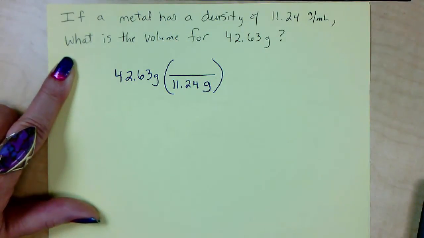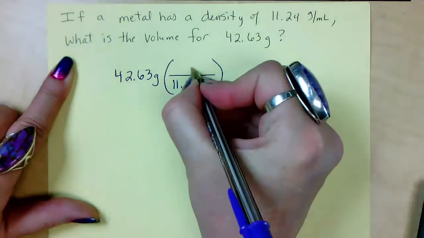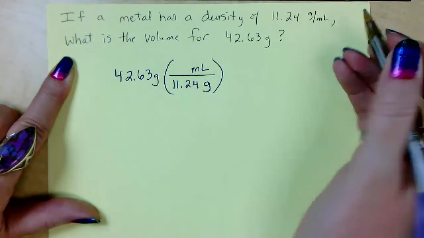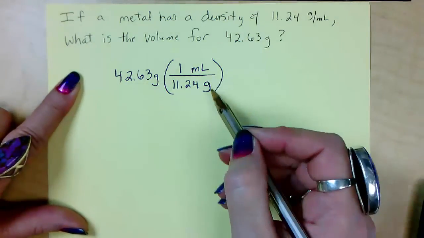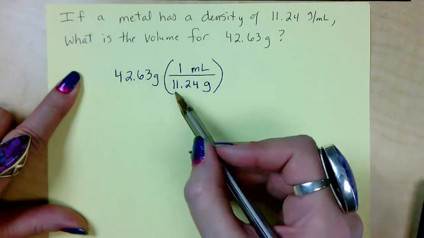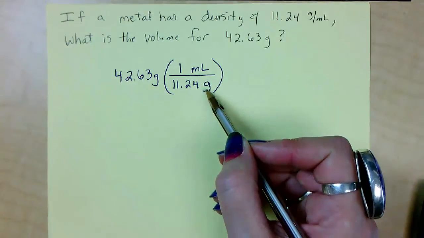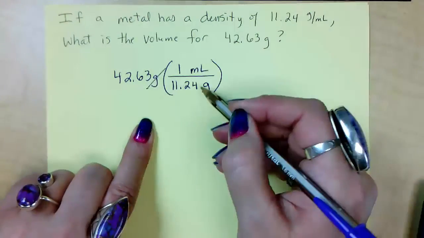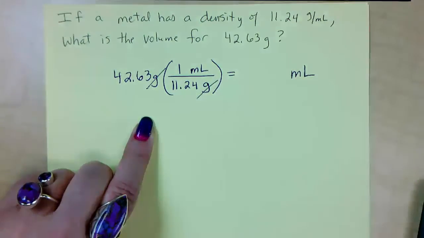What's on top? Yeah, the milliliter is on top. And when we say grams per milliliter, that does mean one milliliter. So we're basically writing the density upside down, and that's okay, because 1 milliliter of the metal contains 11.24 grams, because that's what the density tells us. So this is okay, and my grams can cancel, and I'm left with milliliters.